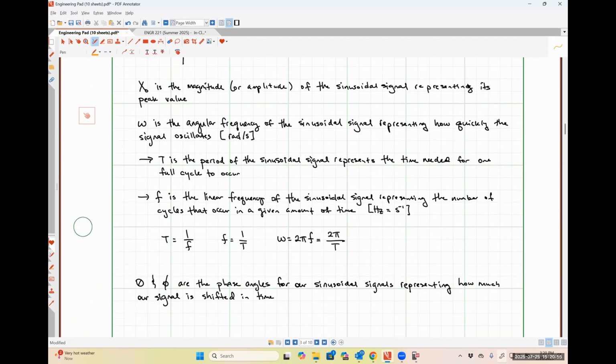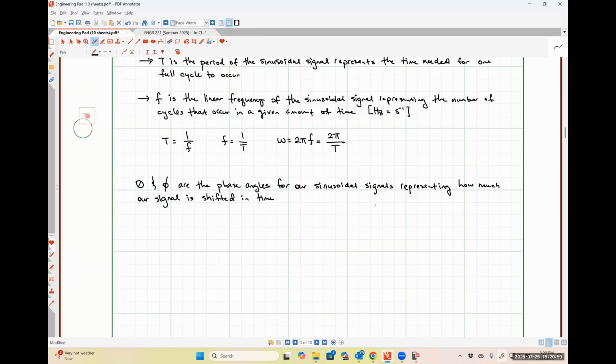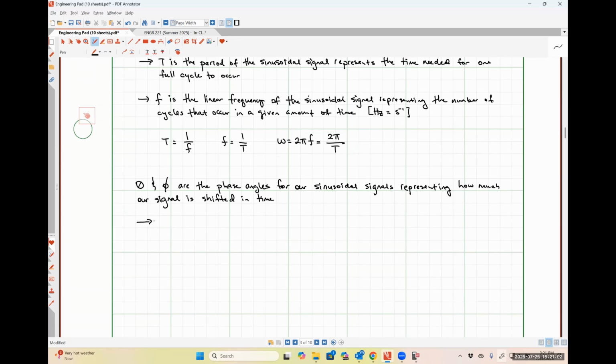So let's say that positive phase angles occur when our signal is advanced in time, and I'm going to put down here in parentheses, shifted to the left.